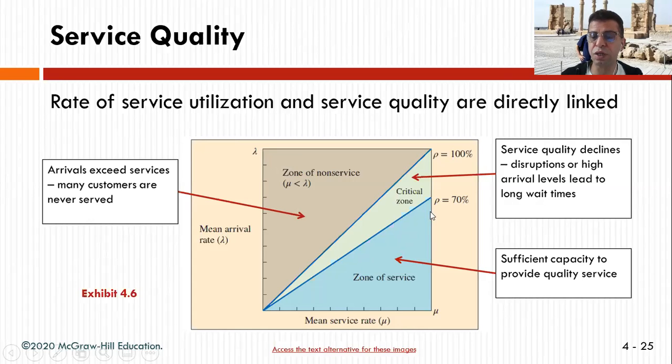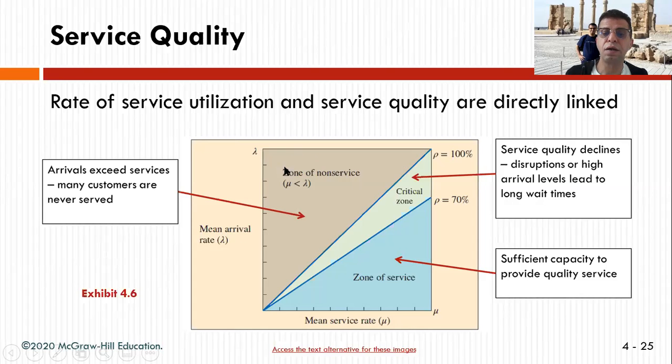Then if you go more than 70% of their operation, and in certain operations, probably in the hospital, it is lower than 70% of the doctors' and nurses' time. If you go more than that, because more people come in or your service is more complicated, then you get into the critical zone, where more people are coming in and fewer going out because your service is taking longer.